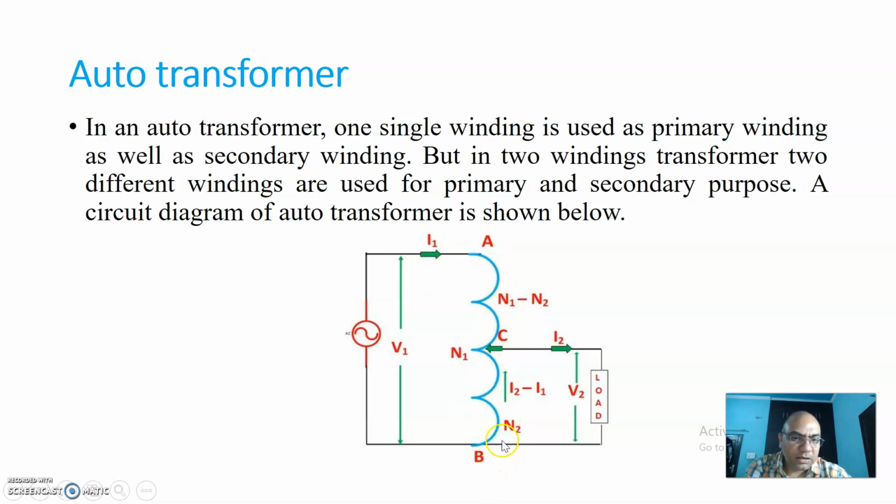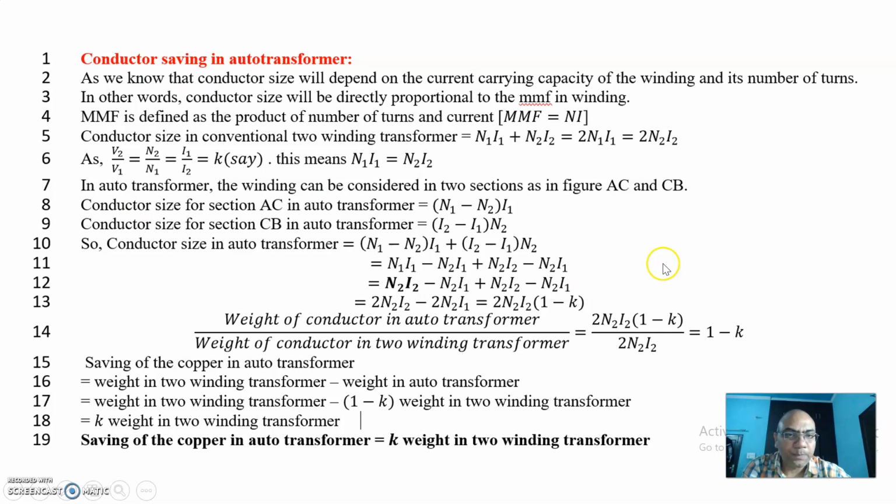In part CB, the number of turns is N2, current is I2 minus I1. So what will be the conductor size? It will be proportional to (N1 minus N2) into I1 plus N2 into (I2 minus I1). So here you see the total conductor size in an autotransformer is proportional to this term.